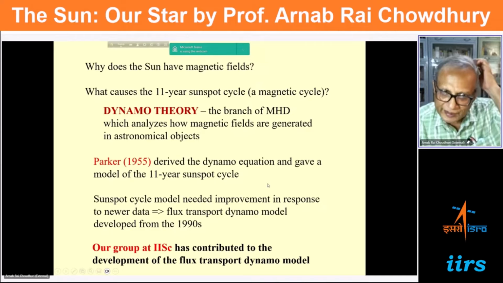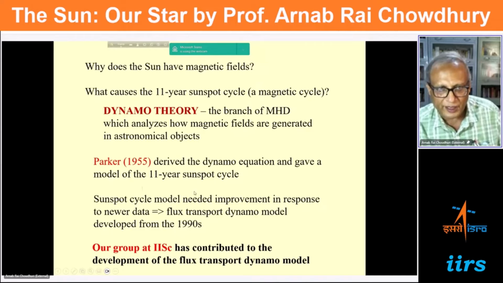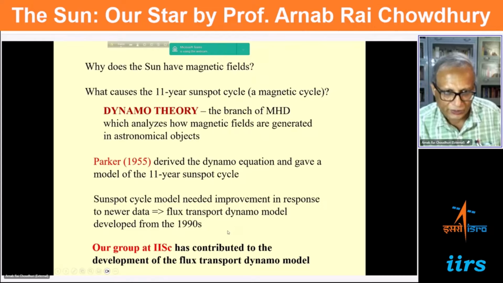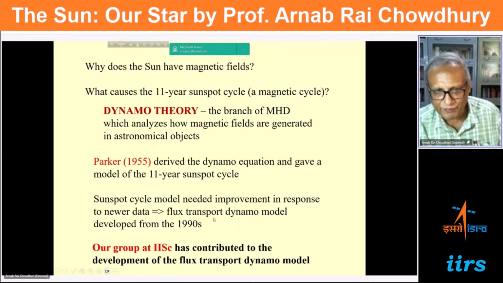But within a few years, it was realized that Parker's model of the 11-year sunspot cycle was not a very complete or satisfactory model, because it was based on the very limited amount of observational data available at that time. As more and more observational data started coming, it was realized that a more complete and improved model was needed. So from the 1990s, a model started being developed called the flux transport dynamo model.